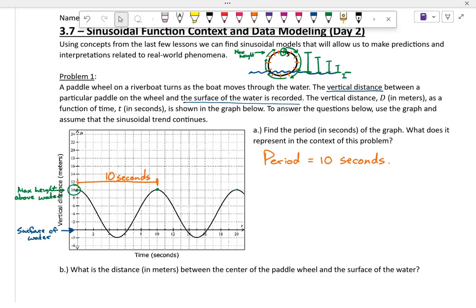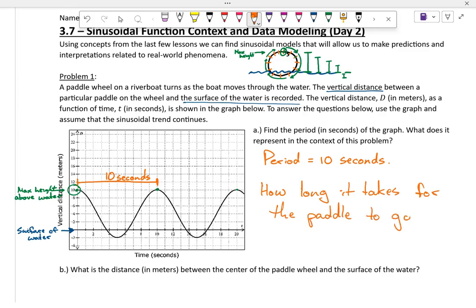That's what the period is. In our sinusoidal functions, the period is how long it takes to make one full rotation. Okay? But in this particular case, we can say how long it takes for the paddle to go around the wheel.